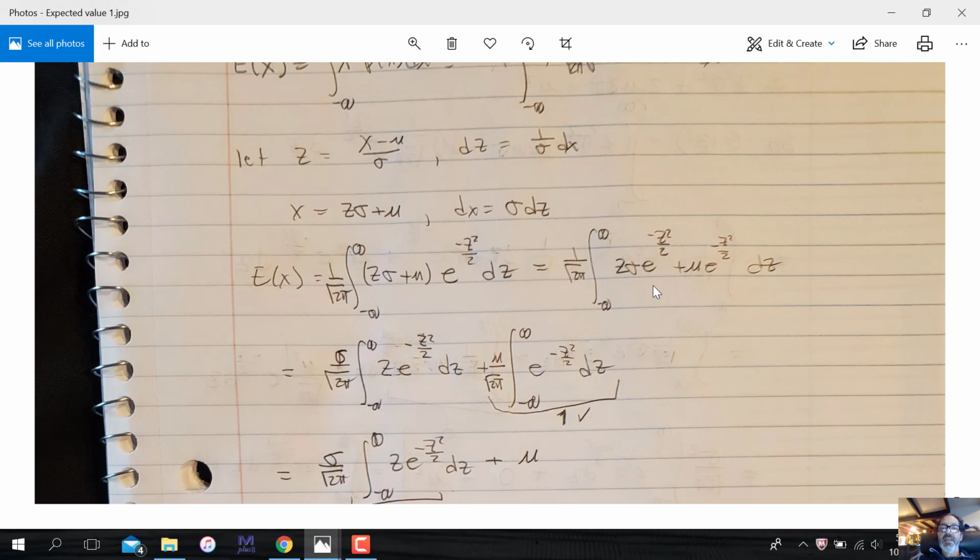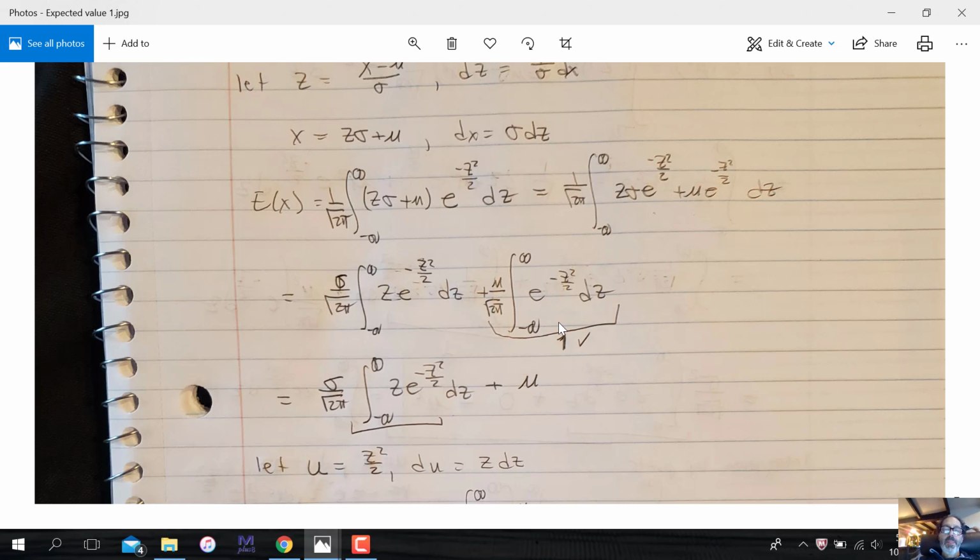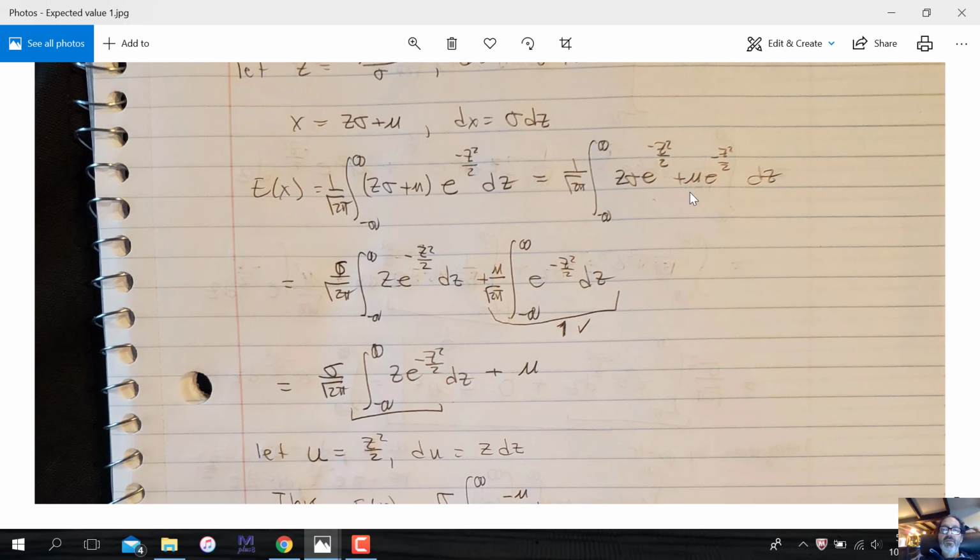So I'm rearranging this again now. We get z, multiplying by this exponent here. So we get z sigma e to the minus z squared over 2 plus mu e to the minus z squared over 2 dz. So I break this apart here. This second value, well, we already know since we've done this already, and actually in a prior video I've proven that this is the probability density function.